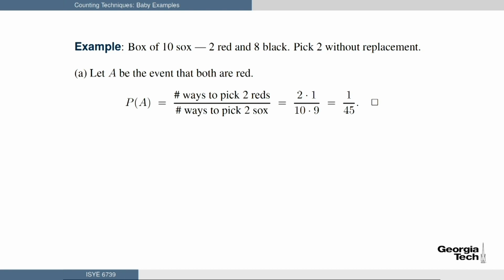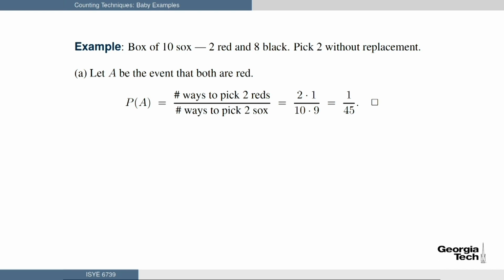Let's let A be the event that both socks that I pick are red. So because this is a simple sample space, the probability of A is just the number of ways to pick 2 reds divided by the number of ways to pick 2 socks in general from the sample space. The number of ways to pick 2 reds is just 2 times 1. Pick the first red sock, then pick the second one.